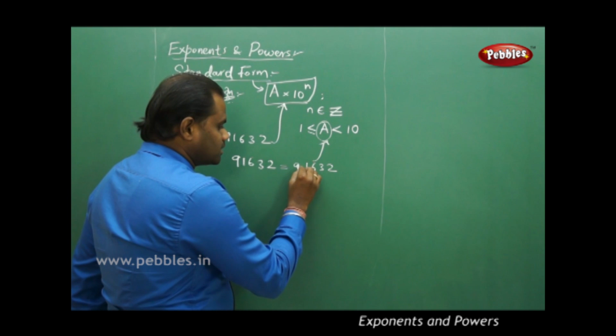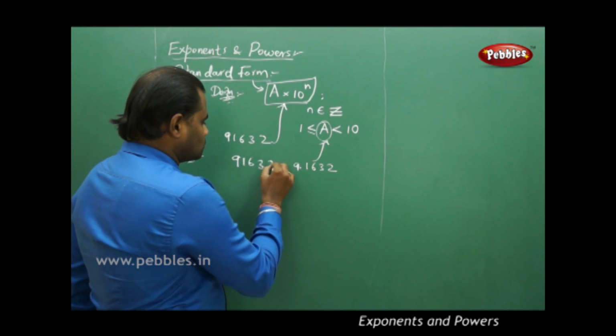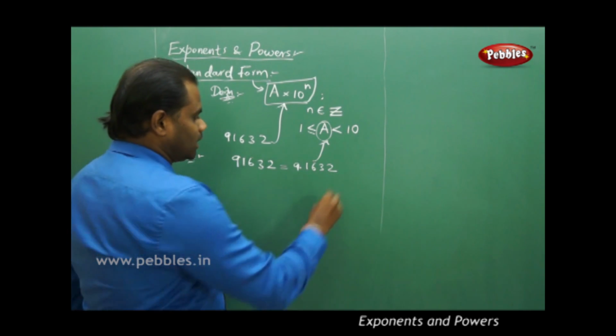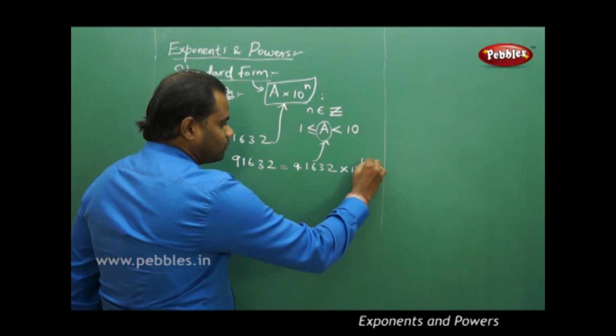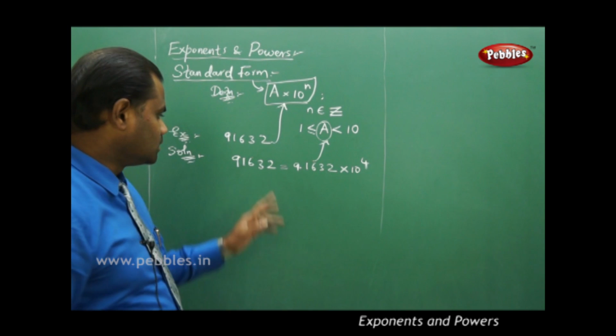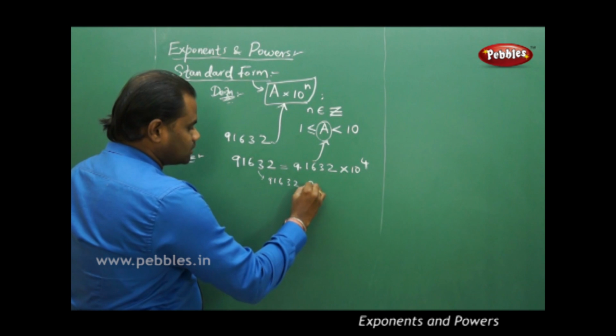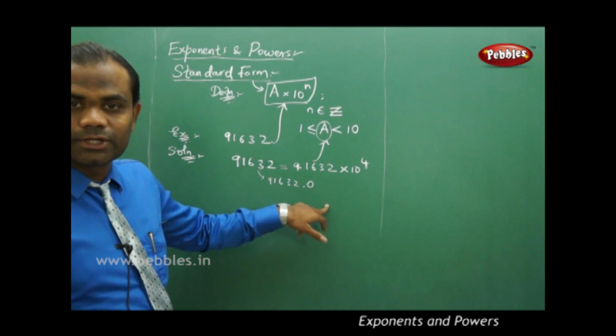But because the decimal is shifted to the 1, 2, 3, 4th place, therefore I get 10 power 4.